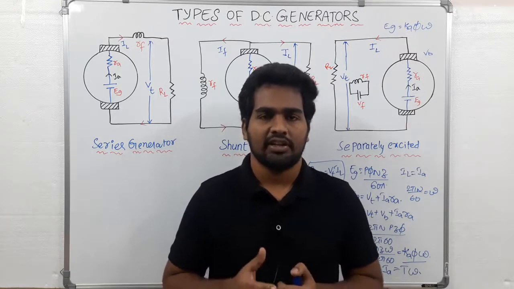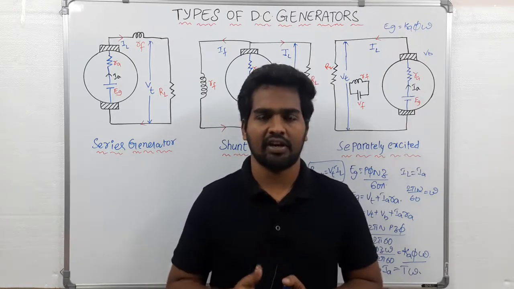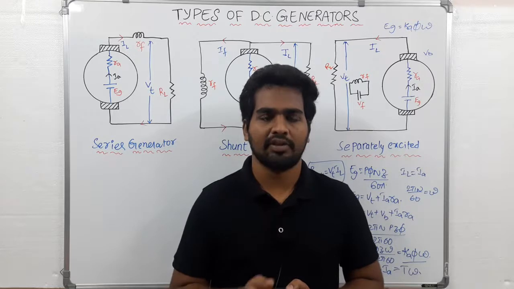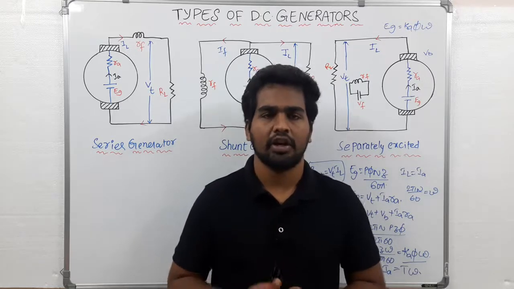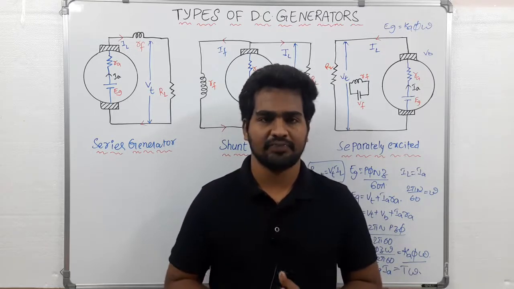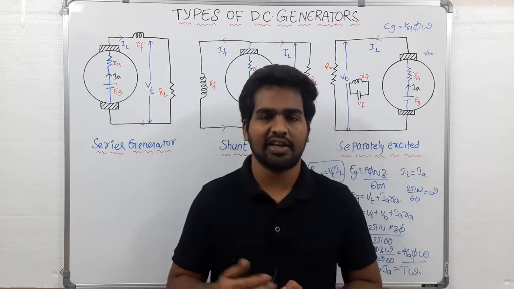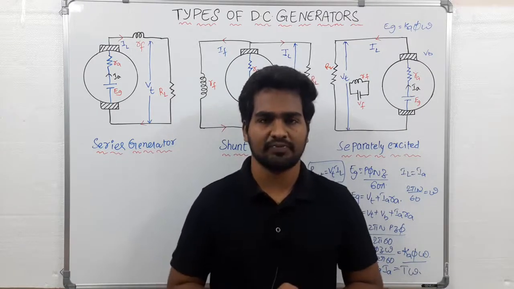Initially, there is a residual flux and conductor cuts the residual flux. EMF is induced, and the generated EMF is supplied to field circuit to produce rated flux. The field circuit is connected in such a way that it strengthens the residual flux.